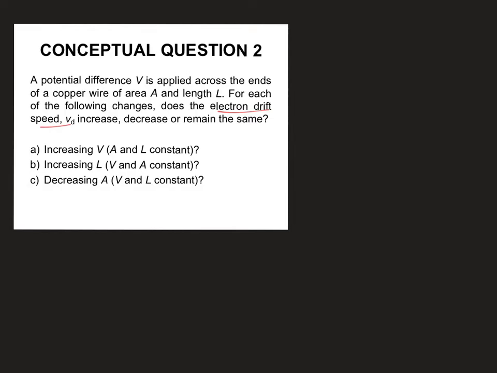I'm going to start with the formula that finds the relationship of the current, the area and also length, which comes from the resistivity. Therefore, I'm going to use I equals nA times drift velocity times the charge of the electron.